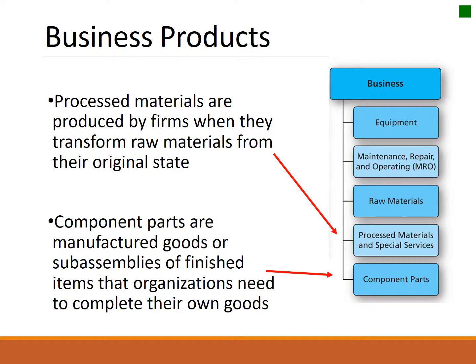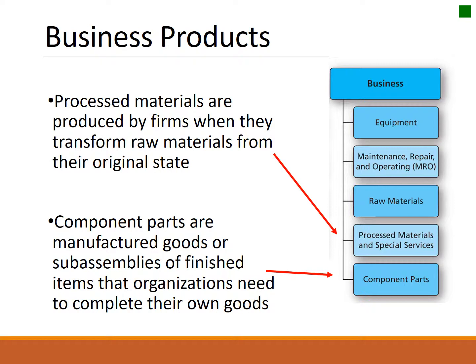So component parts are manufactured goods or sub-assemblies. So I guess I had that a little bit preemptively when I spoke earlier of the processed materials that gets transformed. We actually have the second category then of component parts. So these go together a bit, or sub-assemblies that are finished.